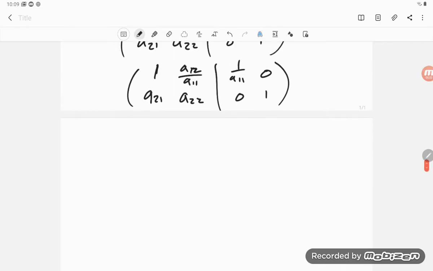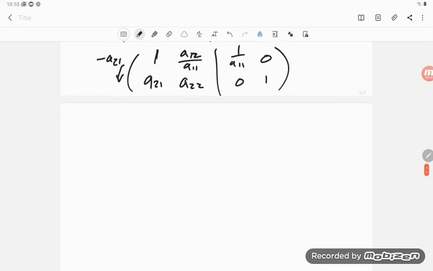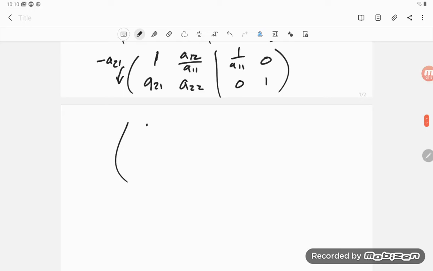That was the first step. Now I need to take minus a21 times this top row and add it to the bottom row to zero that part out. So I have 1, a12 over a11, 1 over a11, and 0. And now I do all the algebra.